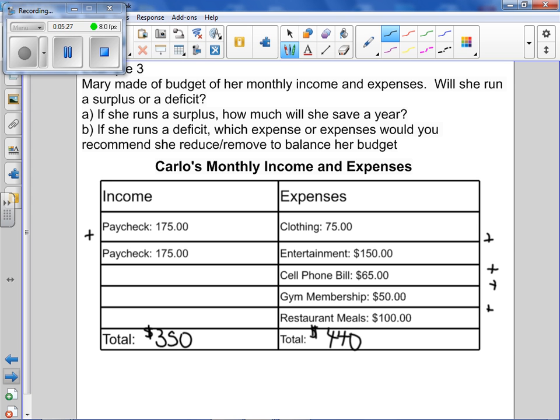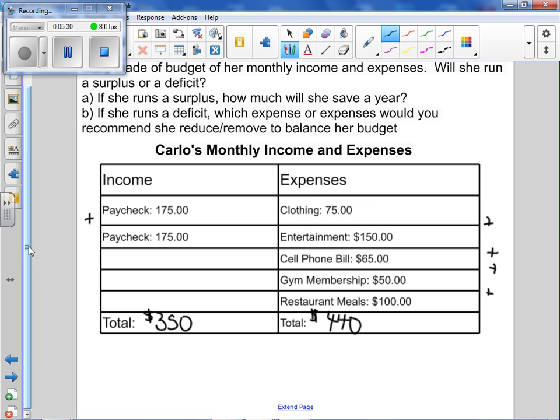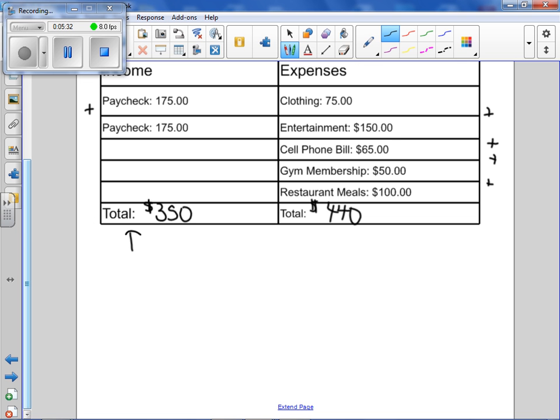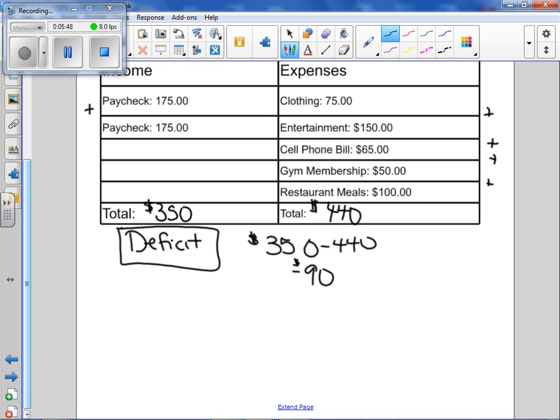So she is spending more than she makes, which means that Mary is running a deficit. How much is her deficit? So 350 subtract 440, it's negative 90. So she's down $90 a month.